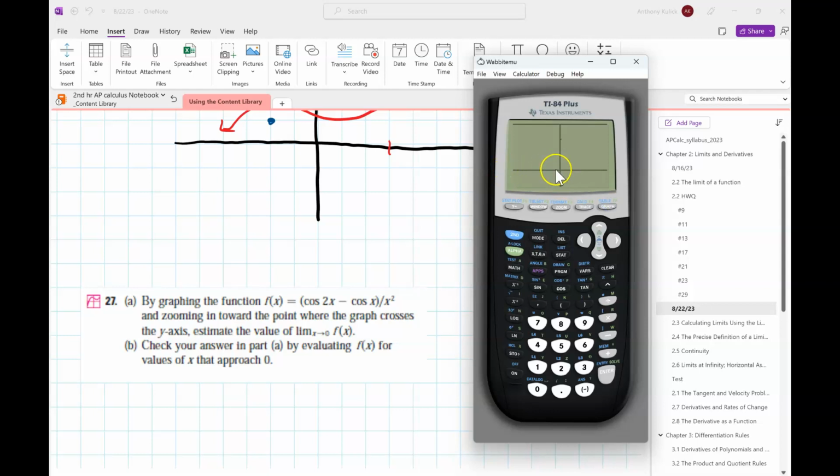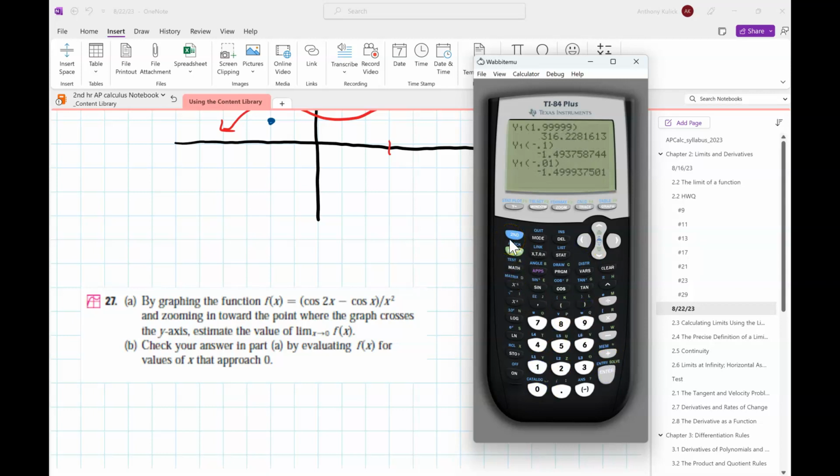But when I look at that, zoomed in, it looks like negative 1.5 where we're crossing, right? Yeah. Part B says, check your answer by evaluating for values that approach 0. So I'll go ahead and do vars, yvars, function, y1. I'll do like negative 0.1, and then negative 0.01.